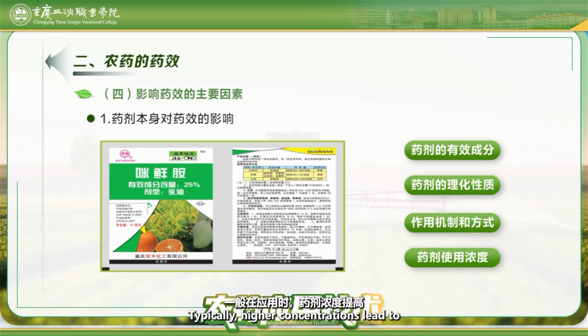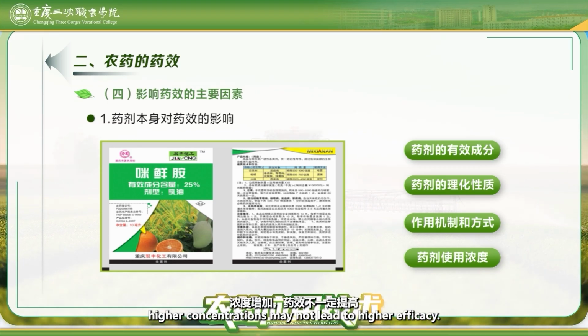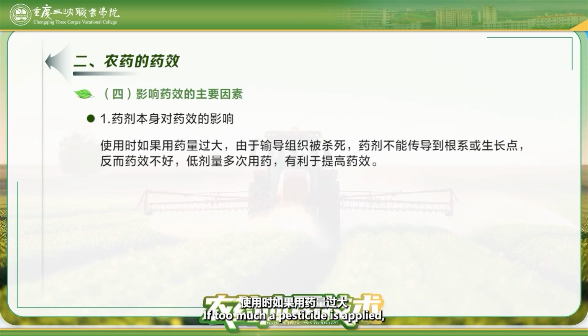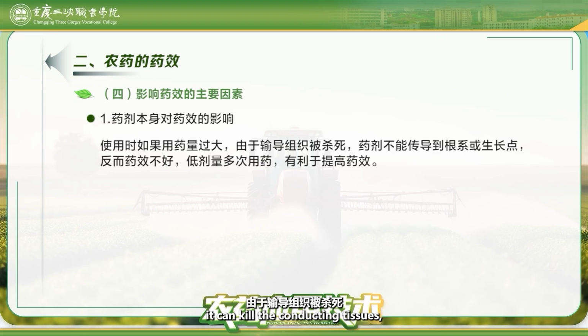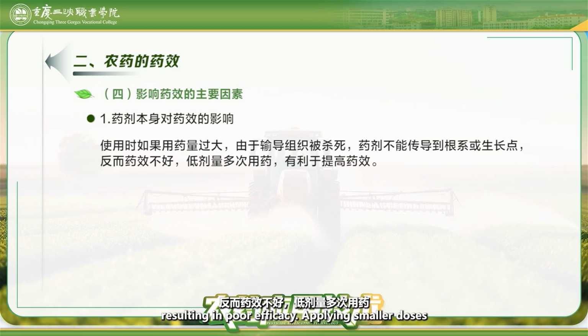Typically, higher concentrations lead to higher efficacy, but after a certain point, higher concentrations may not lead to higher efficacy. If too much pesticide is applied, it can kill the conducting tissues, preventing the pesticide from reaching the roots or growth points, resulting in poor efficacy.